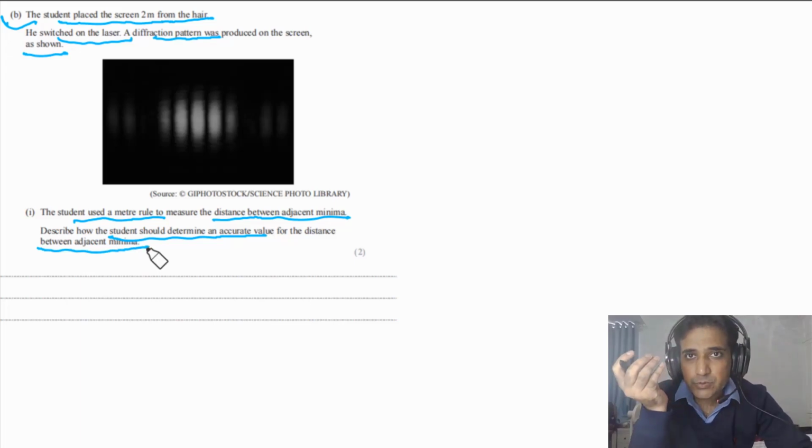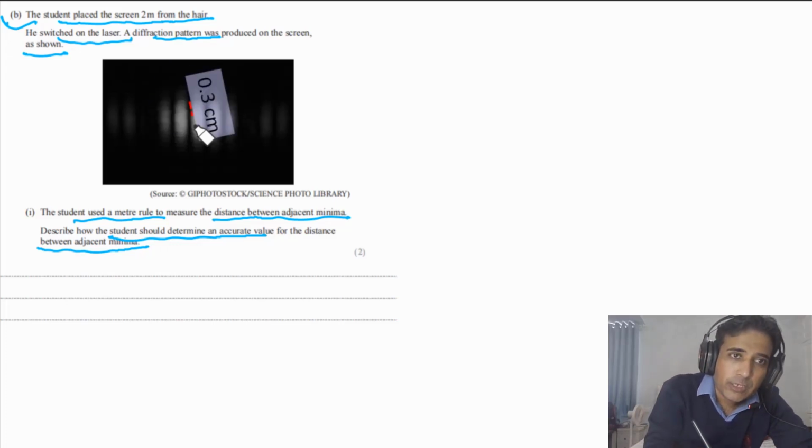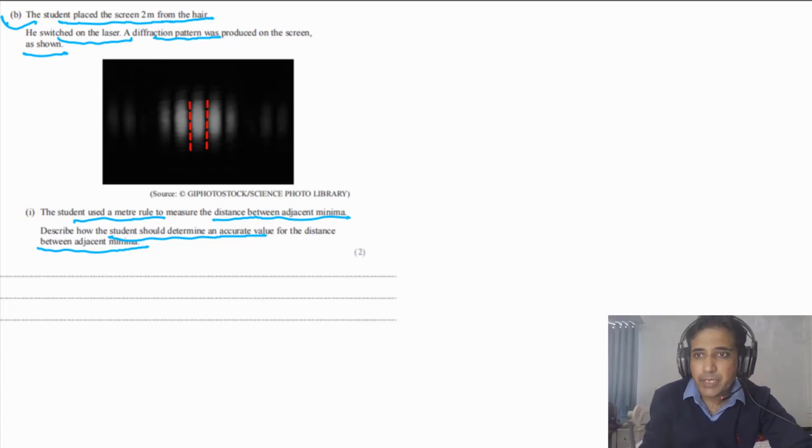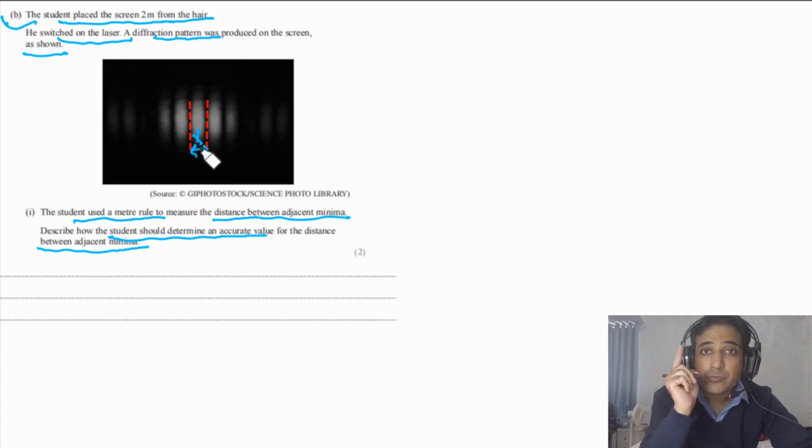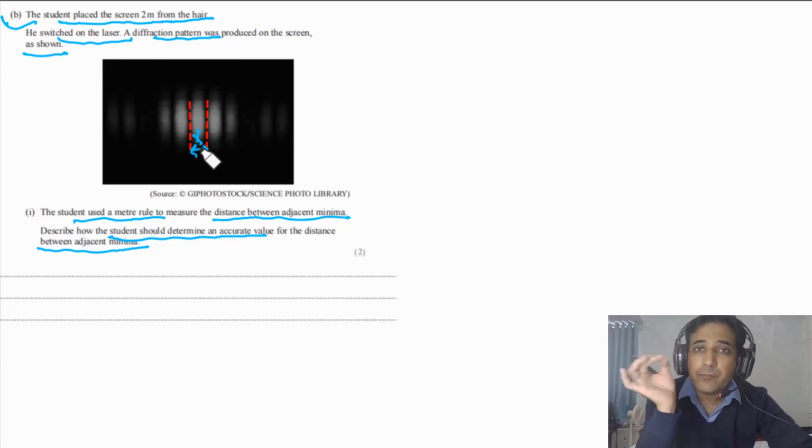We can answer this question in different ways. One possible way is we can draw a line here. This is the center of a minima, and the next minima we have here, so we can draw another line here. This is the center of the next adjacent minima, and we can find the distance x between them. Let's say this one is x, and we can repeat this for many adjacent minima, and finally calculate the average value.